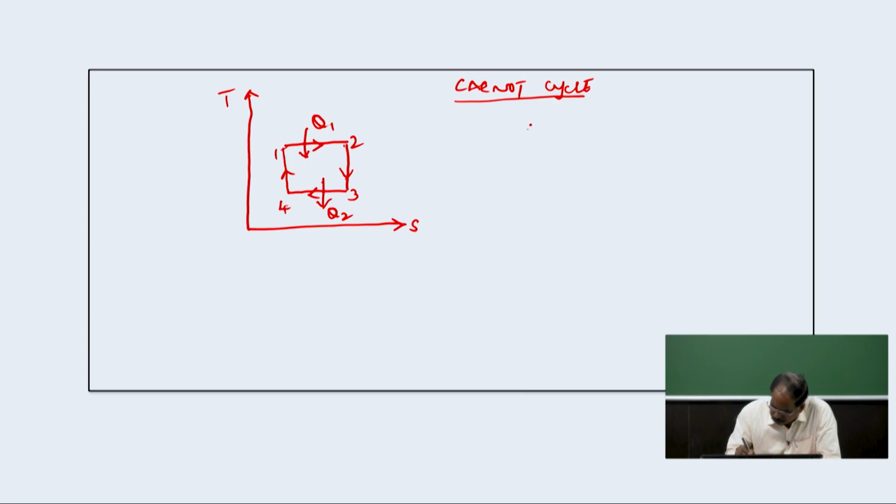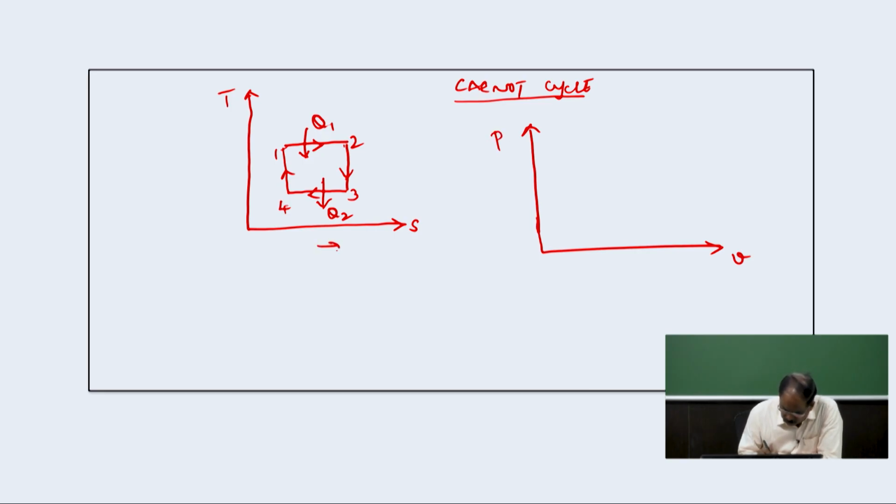Let us plot the PV diagram. So this is entropy, this is temperature, and pressure is on the y-axis, in the PV diagram.